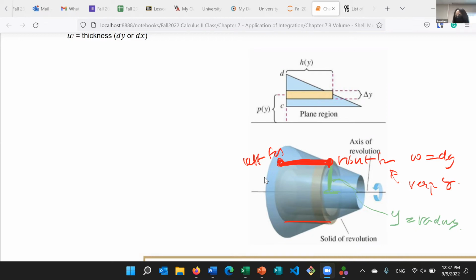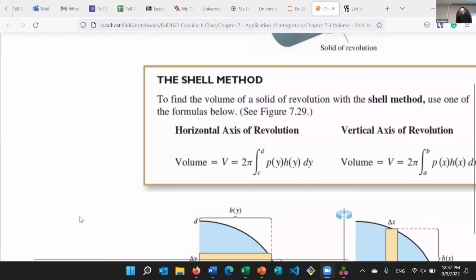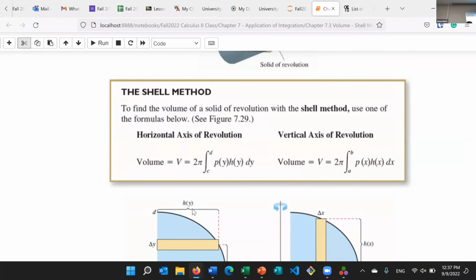Okay, let's look at the problem together. If we do the problem together, it will make sense to you. So just like any other problem, it depends which way you revolve, horizontal axis revolution. Just like the picture we just did, you're evaluating everything with respect to what? Y. Are you with me, class? The shell method, when you're revolving around the x-axis, the variable is what? With respect to what? Y variable. When you revolve vertically like this, then you get what?